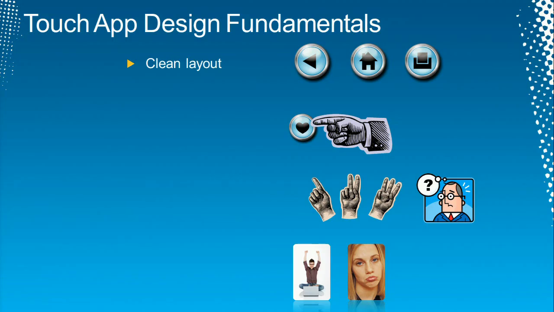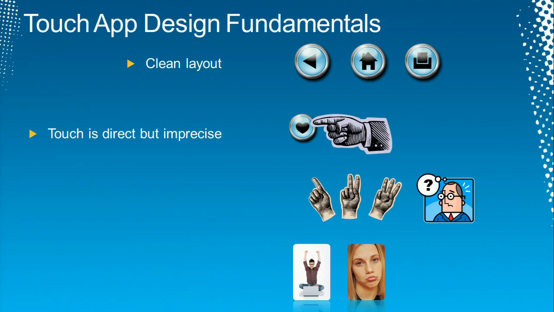We can see these buttons here. The first one looks like a play button, the second one's a home button, and the third one's a print button. So you want to have a nice layout. That's the first thing you want to do.